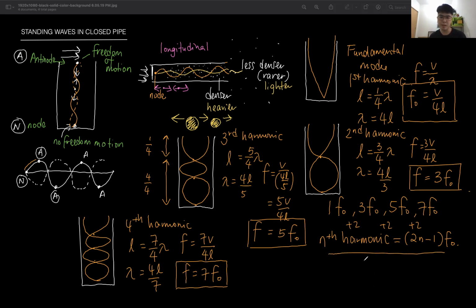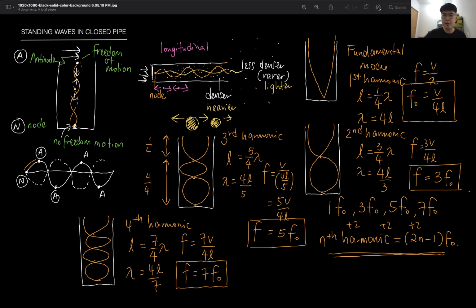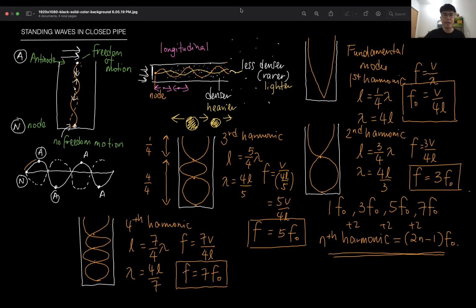So this is the general form, the general equation. That is for the standing waves of a closed pipe. We can take a screenshot and I will go to the next slide.